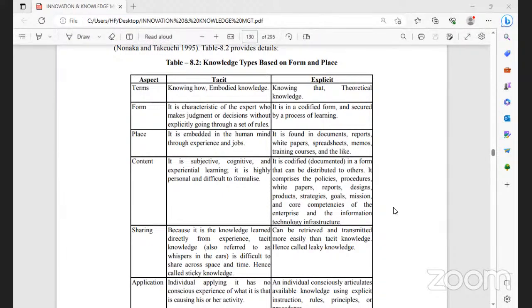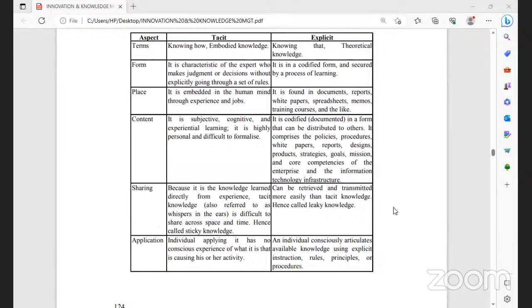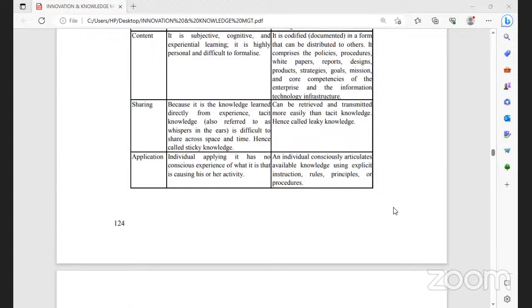For place, it is found in documents, reports, white papers, spreadsheets, memos, training courses, etc. Related to content, it is codified in a form that can be distributed to others. It comprises the policies, procedures, white papers, reports, designs, products, strategies, goals, mission, and core competencies of the enterprise and the information technology infrastructure. Next, sharing: it can be retrieved and transmitted more easily.